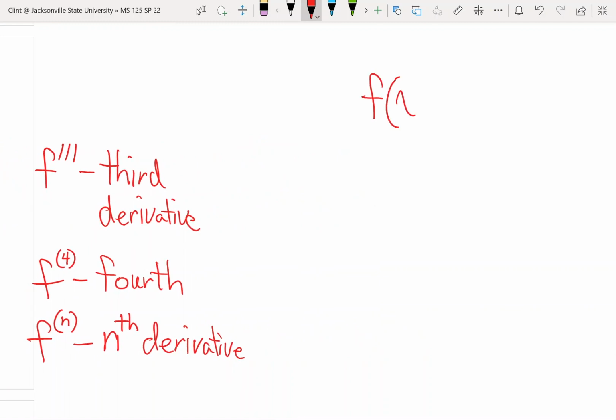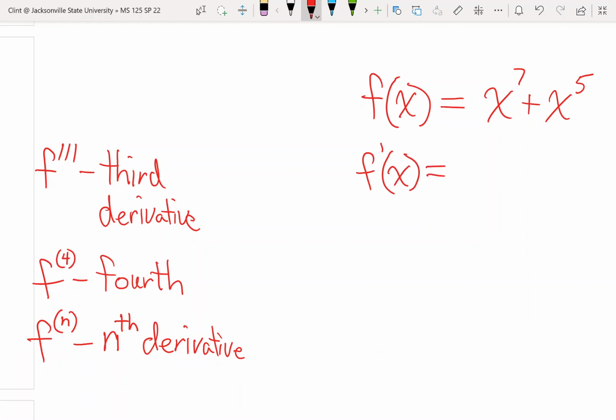Here's f of x. Here's a function, plus the derivative of that function. You're just using the power rule, so 7x to the 6th plus 5x to the 4th.